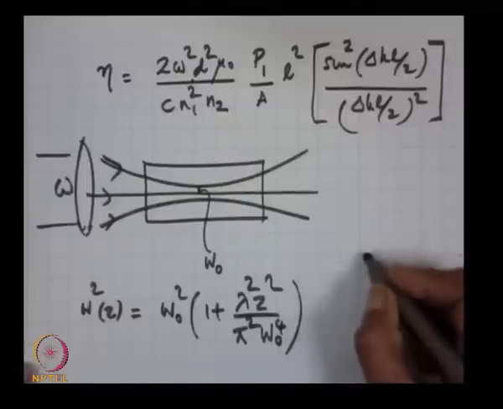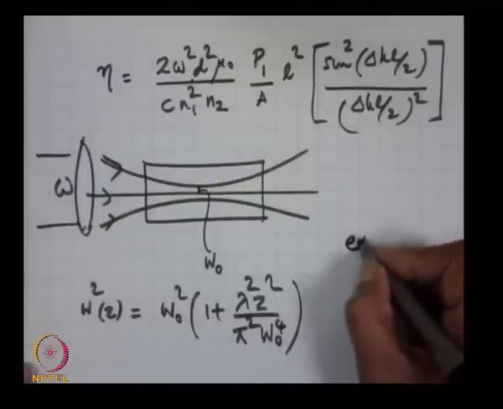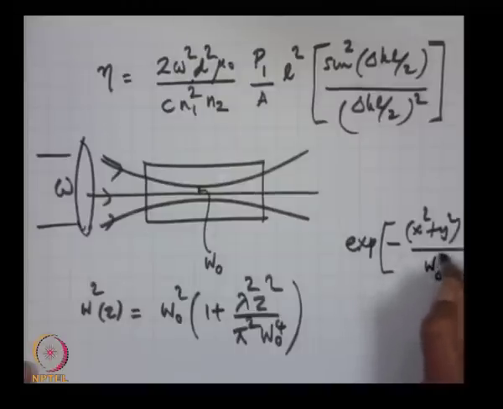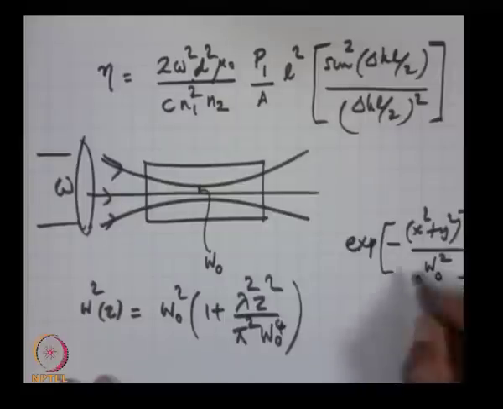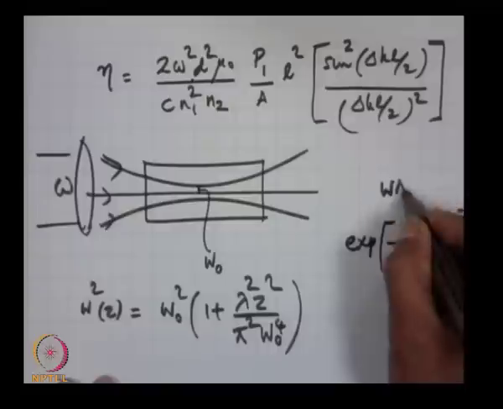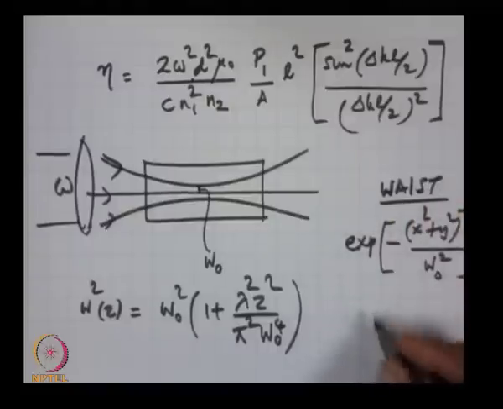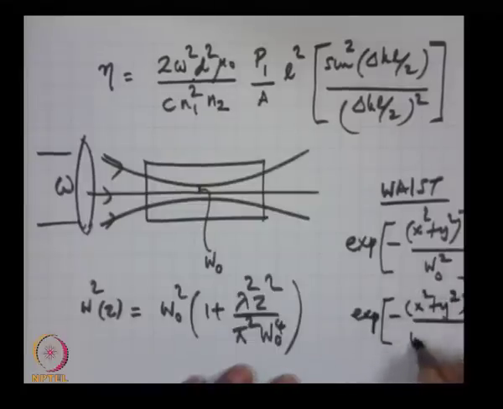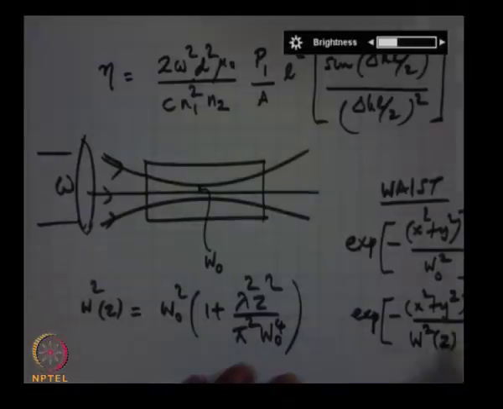So the Gaussian beam has a variation like this: exponential of minus x square plus y square by W0 square. The electric field, sorry, I must write this. This is at the input at z equal to 0 at the waist. And at any other value, it goes as exponential of minus x square plus y square by W square of z.